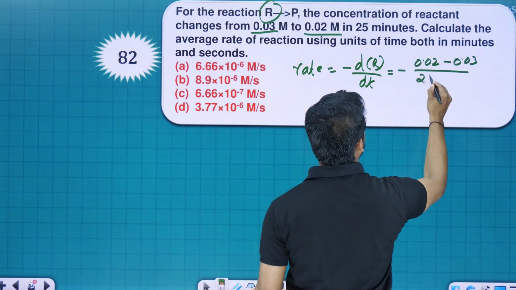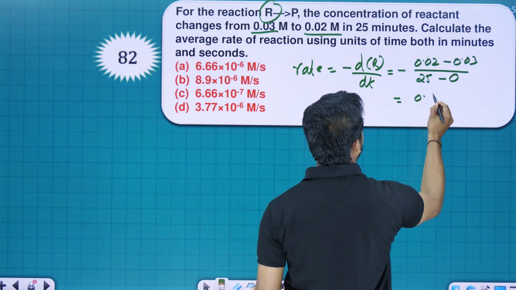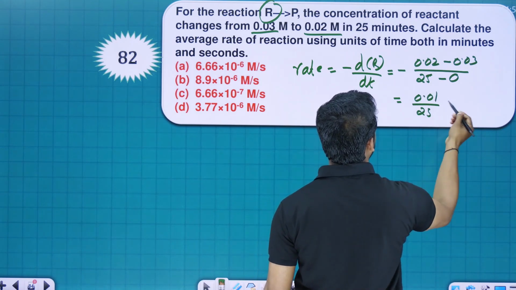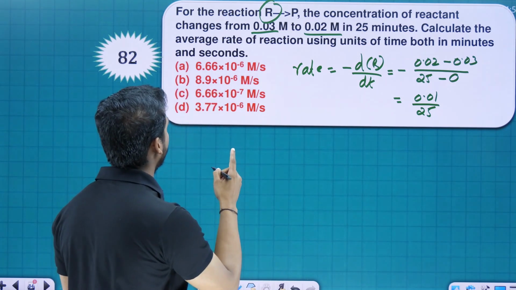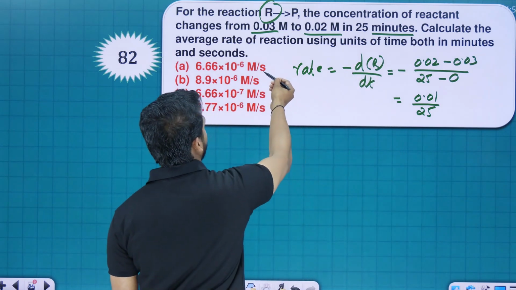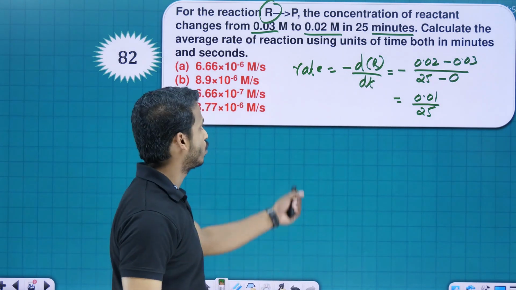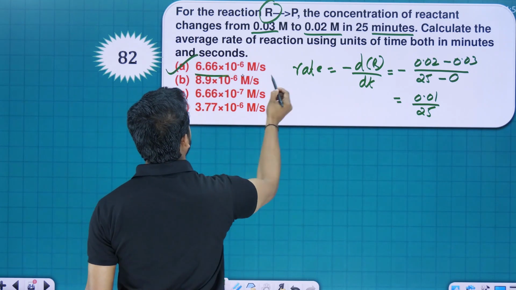What is the time? 25, initial time is 0. So minus and minus become positive: 0.01 divided by 25. Yes, that's equal to what? It is given in minutes, right? It is given in minutes, but it's necessary to convert into what? Seconds. After converting the minutes into seconds, you can cross check it.